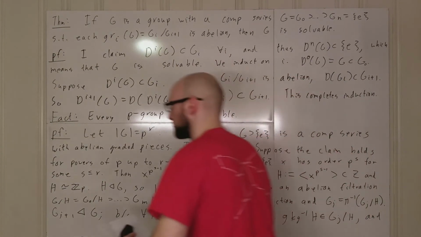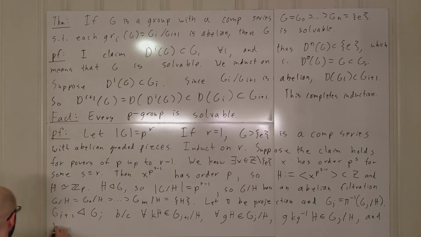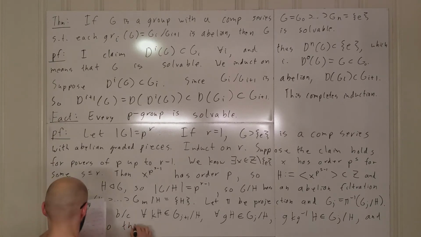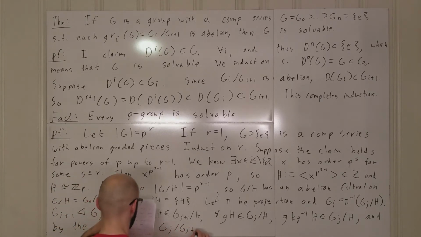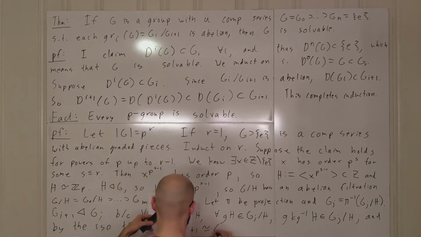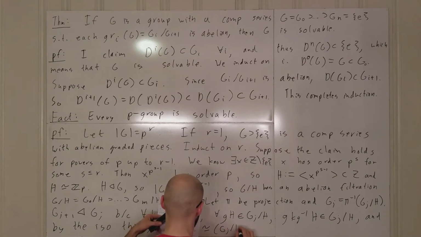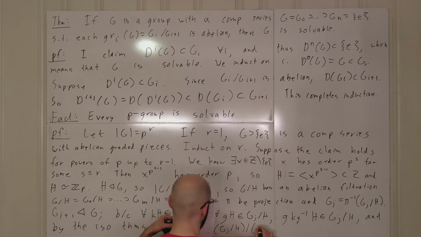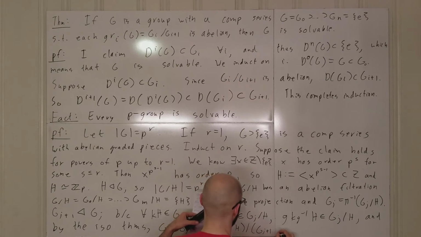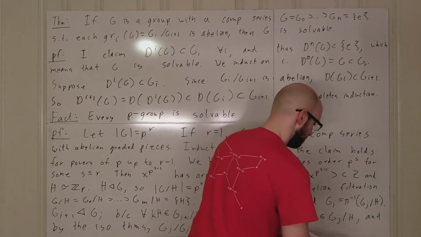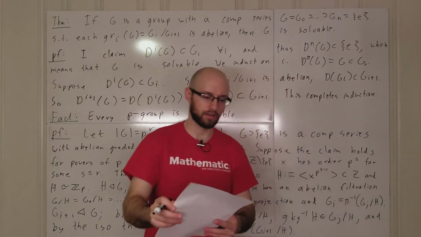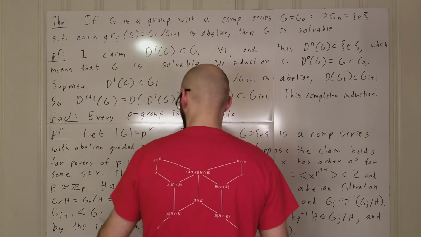And by the isomorphism theorems, Gj mod Gj plus 1 is isomorphic to Gj mod H mod Gj plus 1 mod H. All right, and that should be about it.